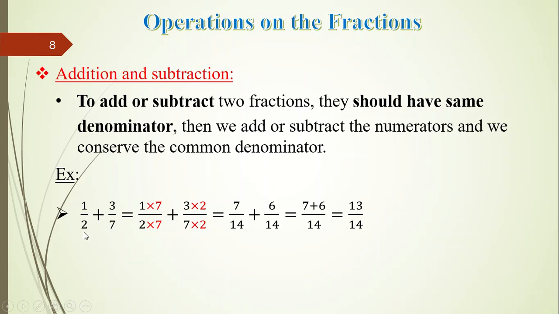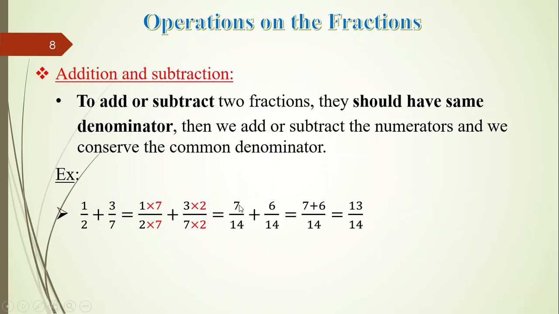So here 1 over 2 we multiply 1 and 2 by the denominator of the second fraction, which is 7, and plus 3 over 7 we multiply 3 and 7 by the denominator of the first fraction, which is 2.